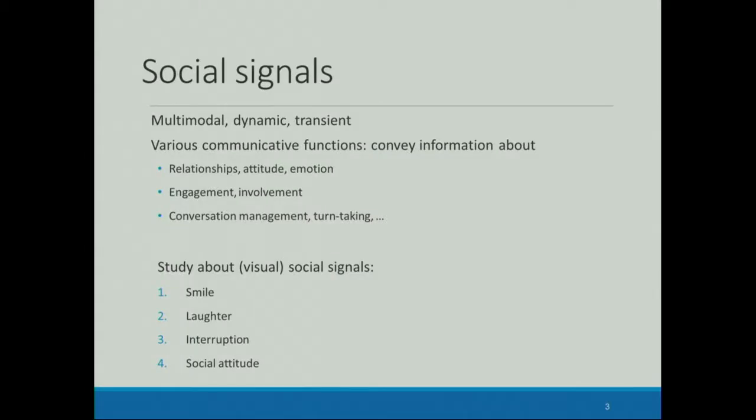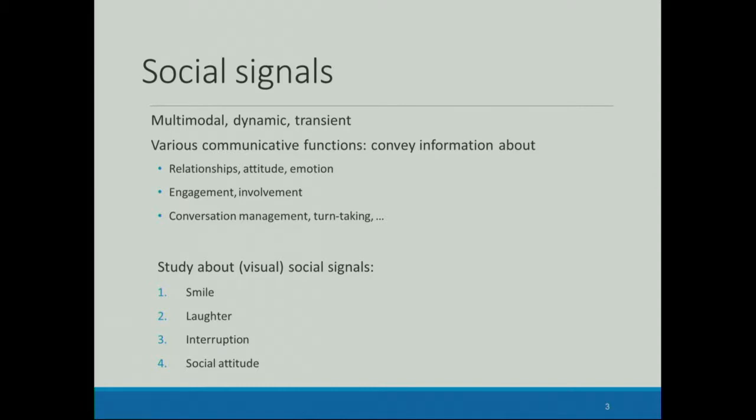In this talk, I will focus on several social signals that are multimodal, that we know are dynamic and transient, and that may have a large variety of communicative functions. They can convey information about attitude and relationships, but also be signs of engagement and involvement.